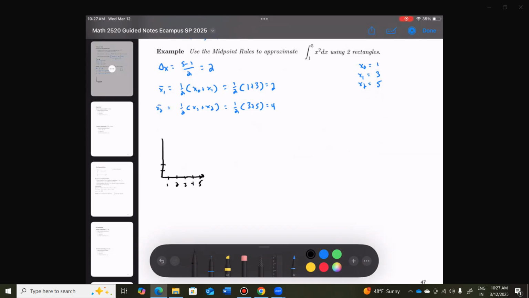At 3, it's equal to 9. At 4, it's equal to 16. I'm trying to make this so it makes sense and is spaced nicely. All right, so it's part of a parabola. So it looks something like this.